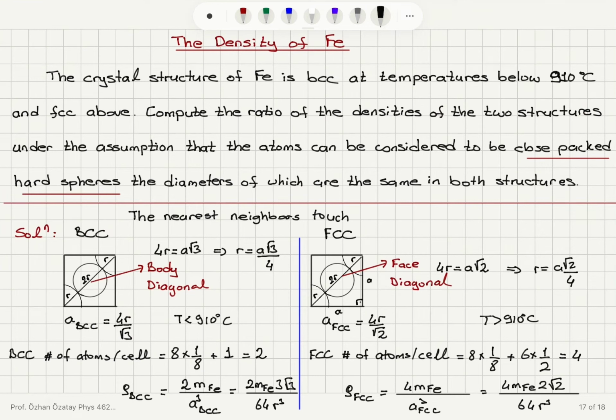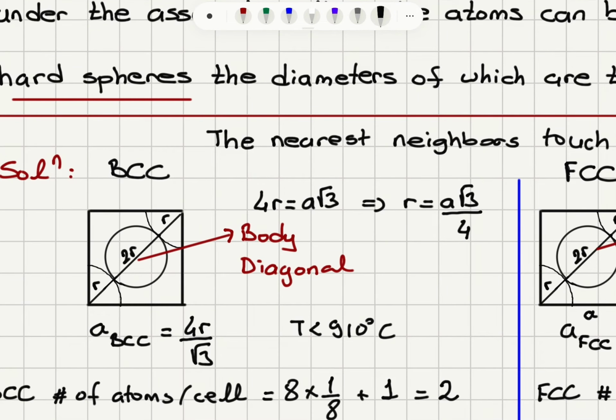Okay, so we talked about iron, two different phases: body-centered cubic phase for temperatures below 910 degrees C, and face-centered cubic phase for temperatures above 910 degrees C. Now, under the assumption that the diameters of these hard spheres don't change, we have the same radius of the sphere in both structures, and we're using the close-packed approximation, which means the nearest neighbors touch. So where are the nearest neighbors in the body-centered cubic structure?